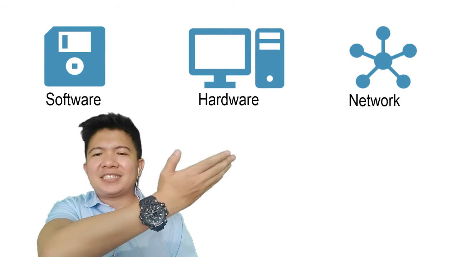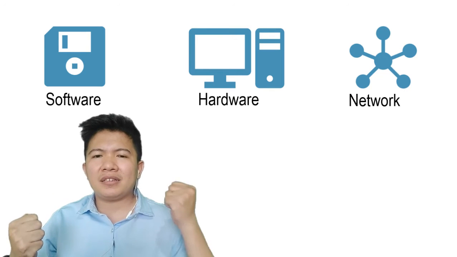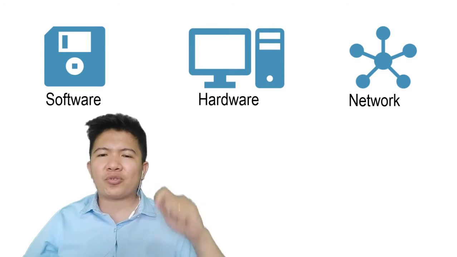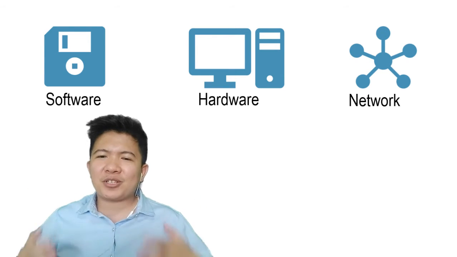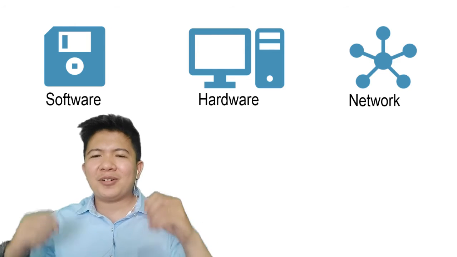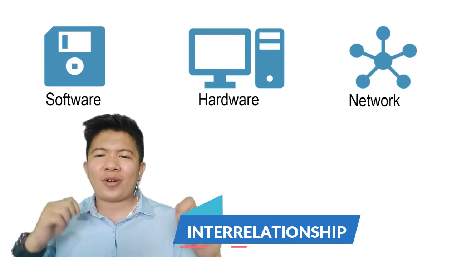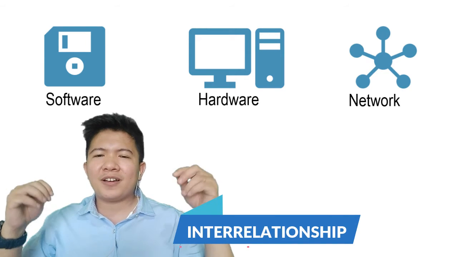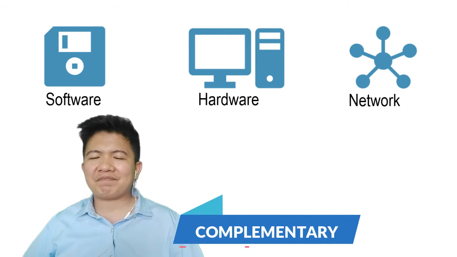However, these components shall be best explained through illustration, or shall we say animation, because for me, it will clearly show us how these components are interrelated to one another, or how the sub-elements of these components are complementing the functions of one another.